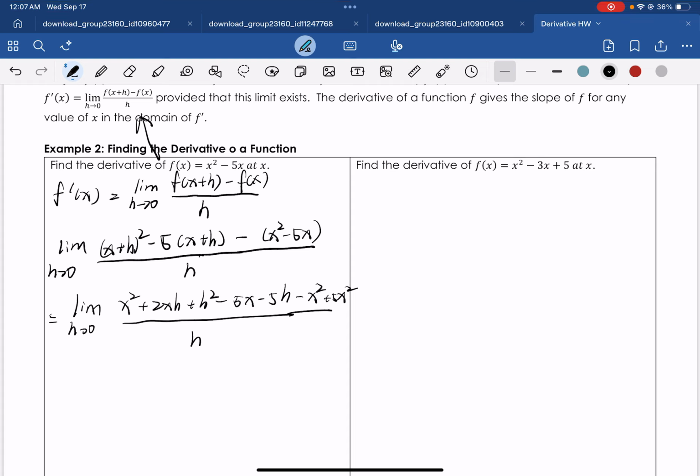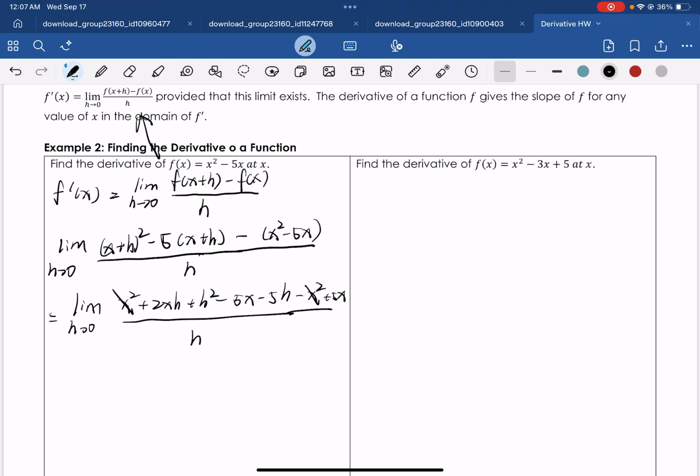And then we notice that x squared cancels out, and 5x cancels out. So what we are left with is the limit as h approaches 0 of 2xh plus h squared minus 5h over h.